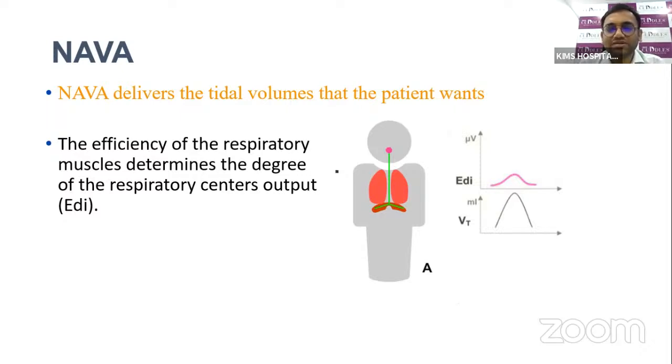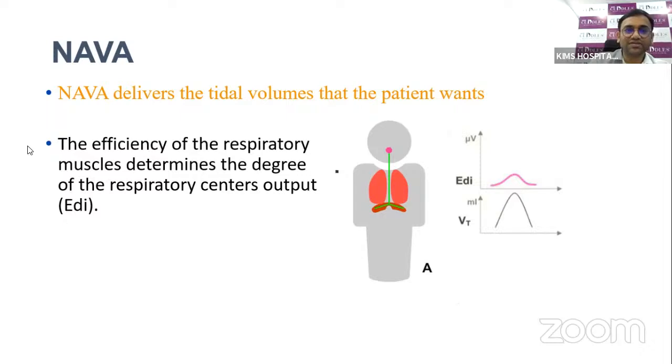With any disease state, the baby's brain wants better oxygenation and ventilation. If sufficient respiratory effort is not being generated and ventilation is not being done properly, then the brain wants better ventilation, so the respiratory effort needs to be increased. In this case, the impulse strength from the brain will be more, so the EDA signal will increase. So the EDA signal varies, and based upon the EDA signal, the ventilator will provide the respiratory assistance. Ultimately, your tidal volume will be maintained in the set range.